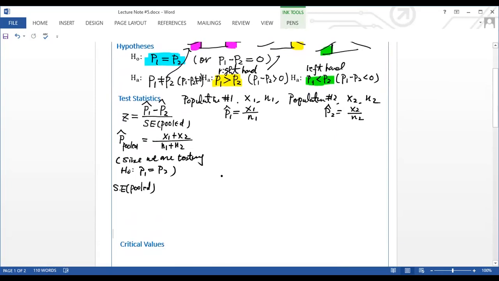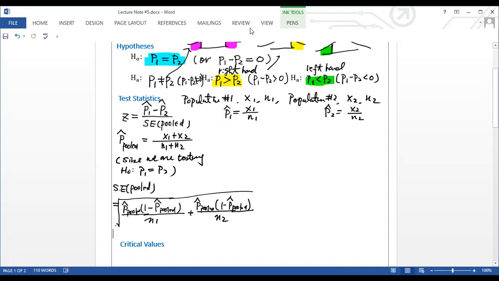The formula for the SE pool will be like this: the square root of P hat pool times 1 minus P hat pool, divided by N1, plus P hat pool times 1 minus P hat pool, divided by N2.